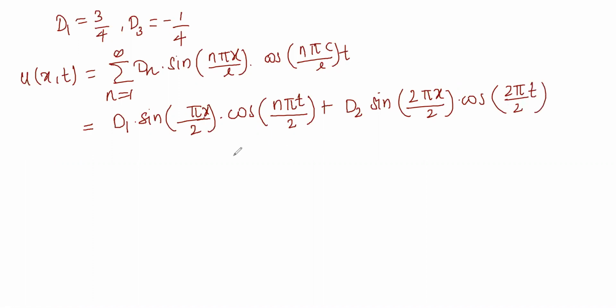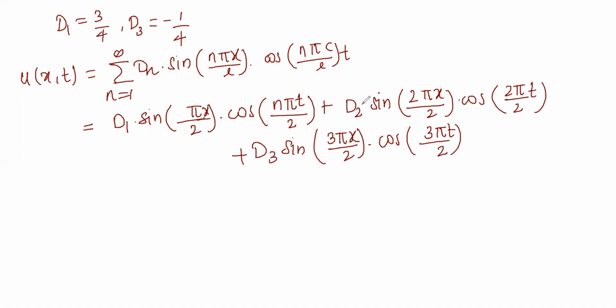And similarly we have d3, which is sine 3 pi x by 2 into cos 3 pi t by 2.